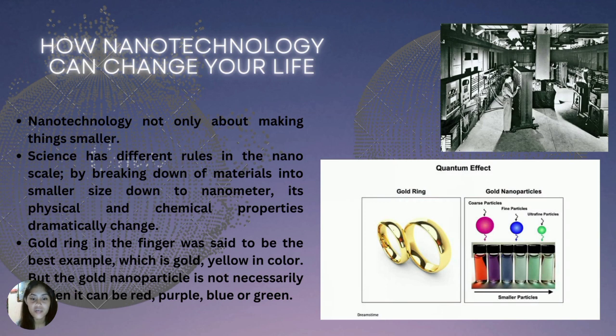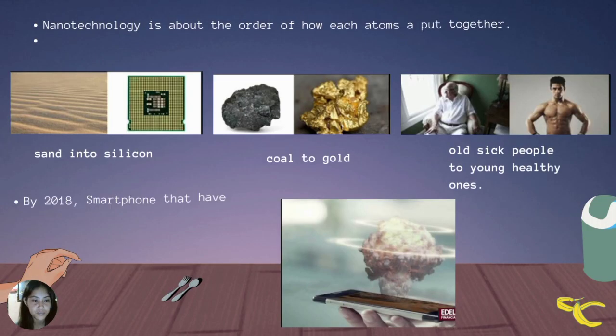The materials of this gold ring will be manipulated, and then the gold's physical and chemical properties would be changed. It can be violet, it can be blue, or even green in color. And that's what you call a quantum effect. Let's proceed to the next slide.